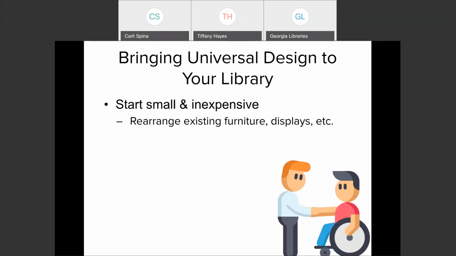And then evaluating your collection. And this doesn't necessarily mean even buying anything more for your collection, but a big part of universal design when it comes to reading is offering different formats. And I like to encourage libraries to really think about what they have in their collection already and how they can do outreach around it.